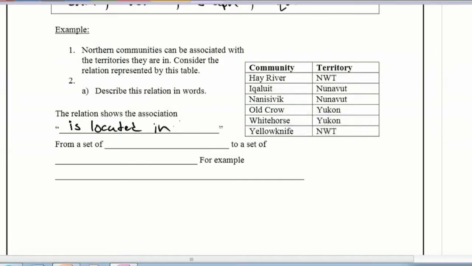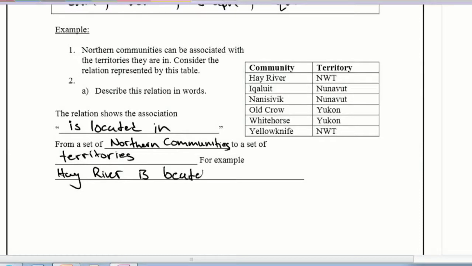So from a set of northern communities to a set of territories, for example, the first one that I said, Hay River is located in the Northwest Territories. So this is the relation, is located in.